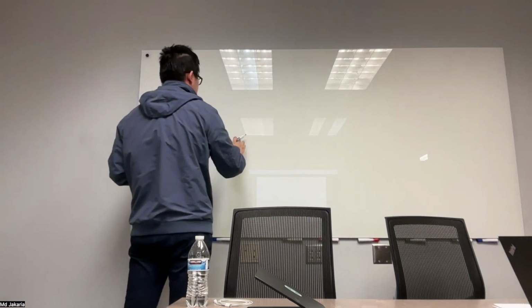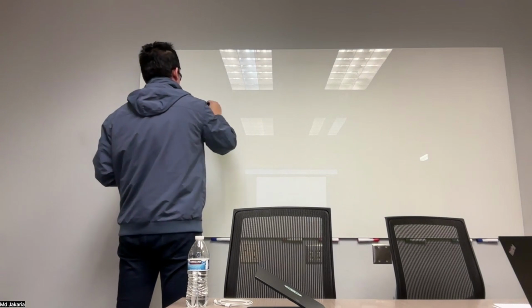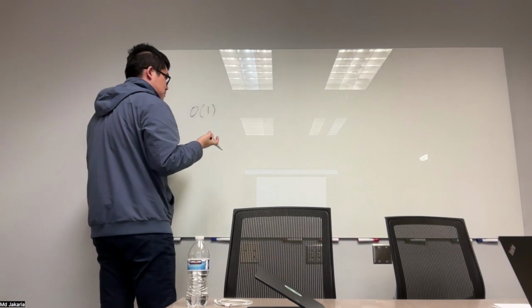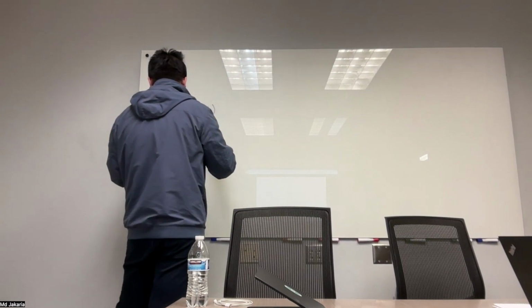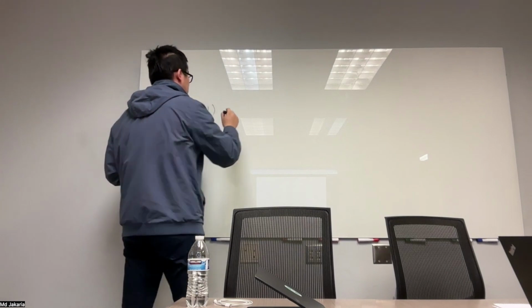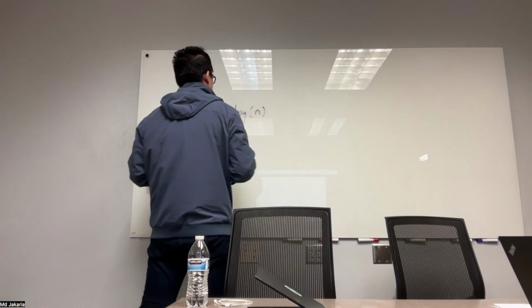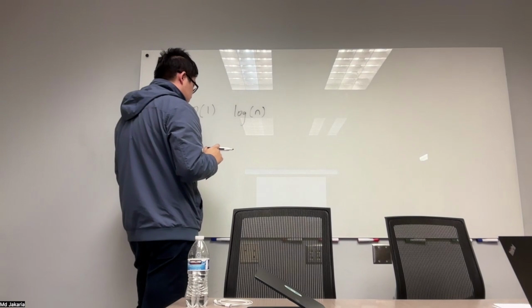We have things like constant. Constant is the slowest. It doesn't grow at all. Then we have something like log n, which is a logarithm, which is also very, very slow.